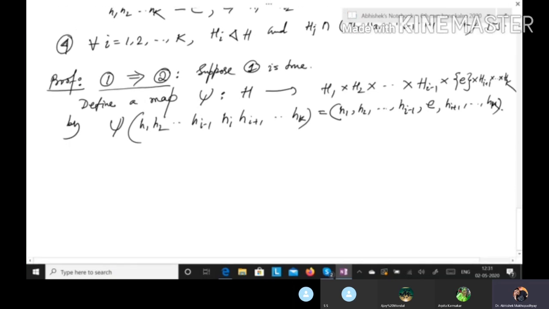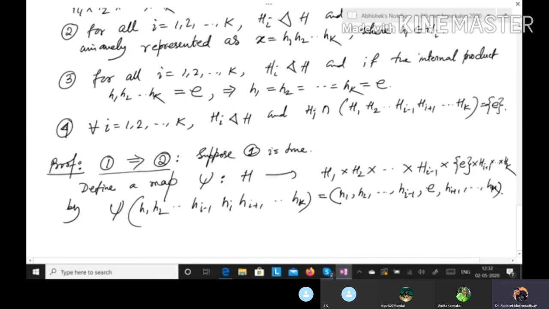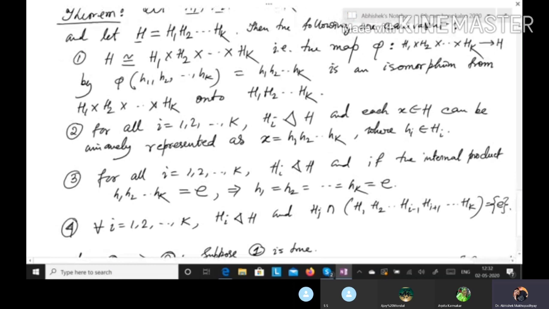Now suppose 1 is true. So what is 1? That is, this map is an isomorphism.